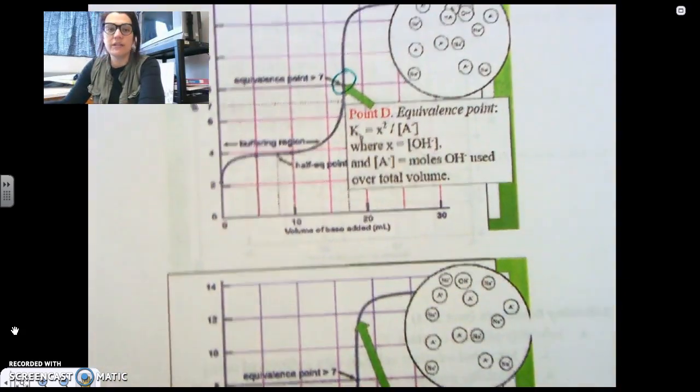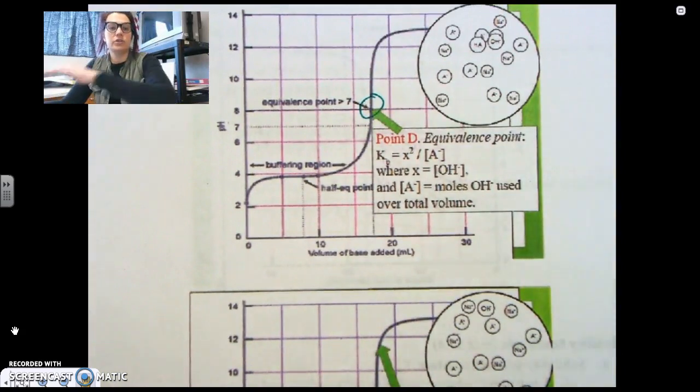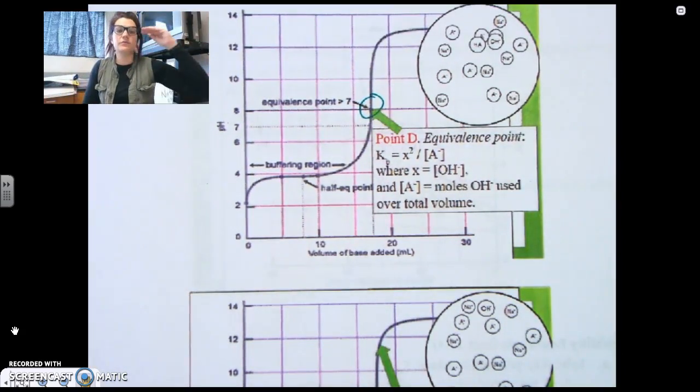All right, point D, equivalence. Now you'll notice for a weak acid and a strong base, the equivalence is greater than 7, okay? And the reason for this is you don't have enough H pluses at equivalence to consume the hydroxides from the strong base because the acid hasn't dissociated all of the way, okay?